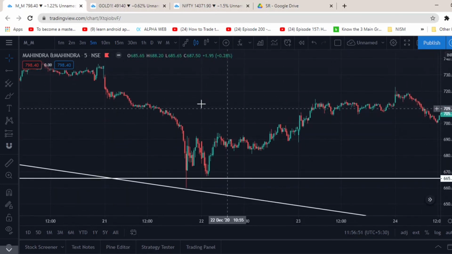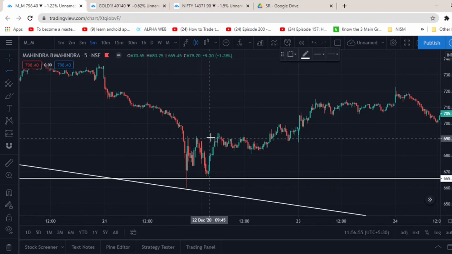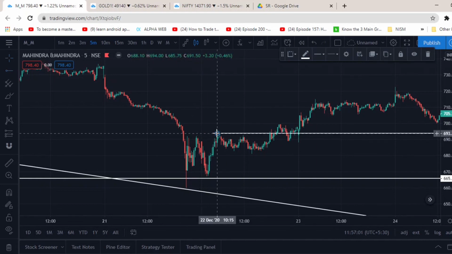So here is the swing formation, and the first time there is a swing failure, and the second time also failure. We mark this and enter the trade in the red candle. We keep the stop loss at the low of the swing, or we can keep a positional stop loss below the low of the red candle.